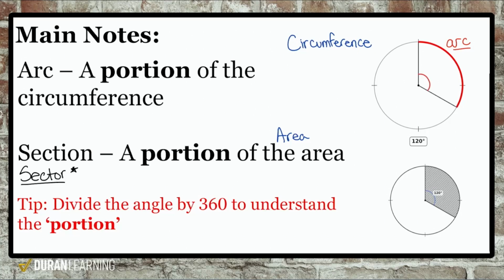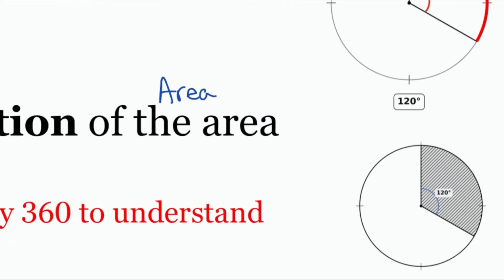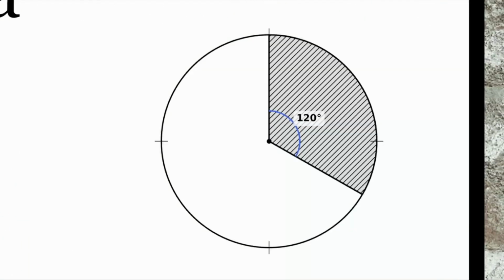So here, this would be 120 degrees, just like we see down here. And I'll zoom in for us so we can really see it. The degrees are going to help us figure out or realize what we're supposed to divide or multiply by. Quick question, everybody. When you think about the angle within a circle, if I were to go all the way around a circle, how many degrees is that again?